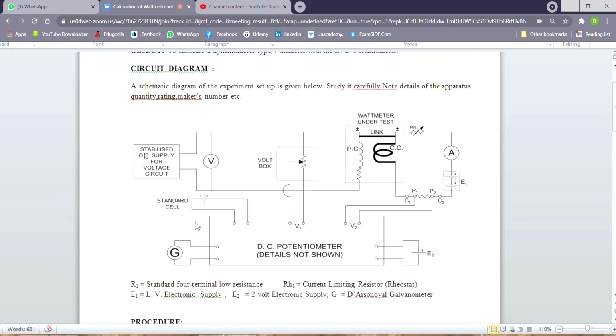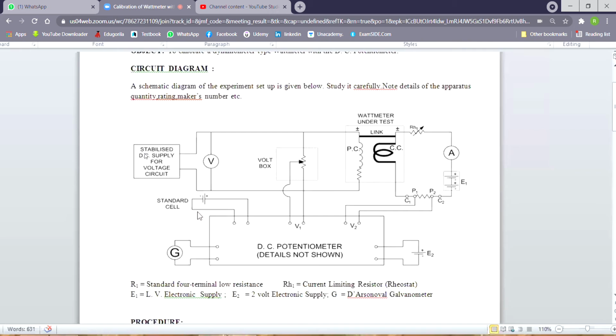This is a Western cadmium cell at 20 degrees Celsius. The standard cell gives a voltage of exactly 1.0186 volt at 20 degrees Celsius.